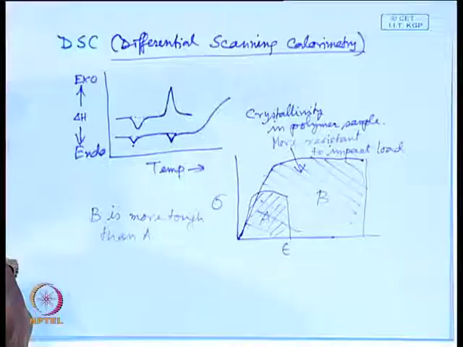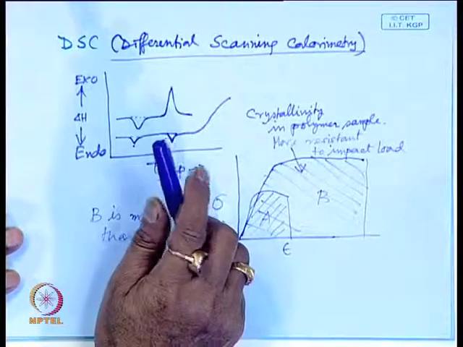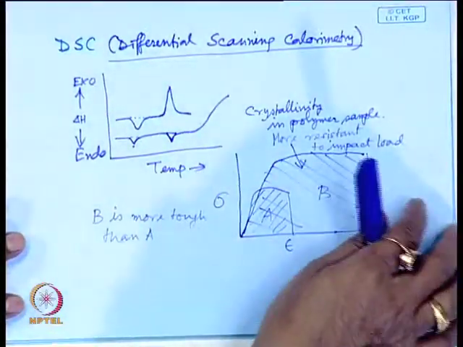You have seen the dock fenders, those who have gone through ferry service in Kolkata. In the dock there are some tires attached to the dock. When your vessel touches the tires, they absorb the energy.